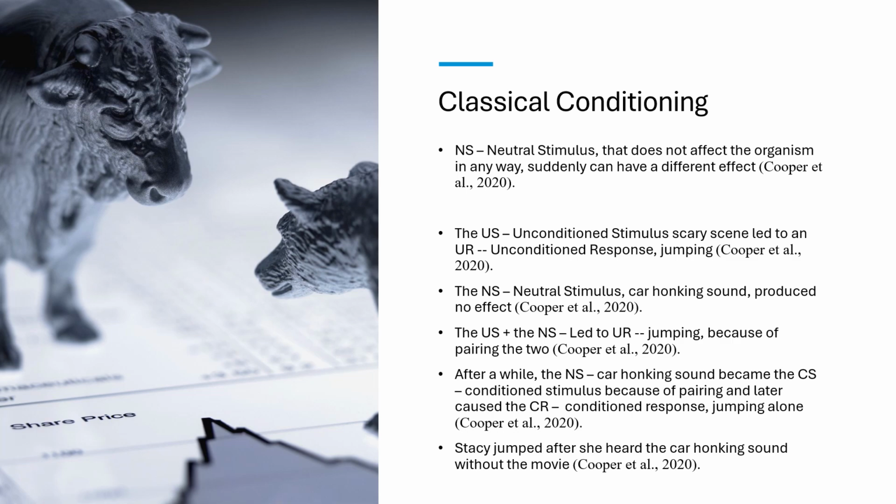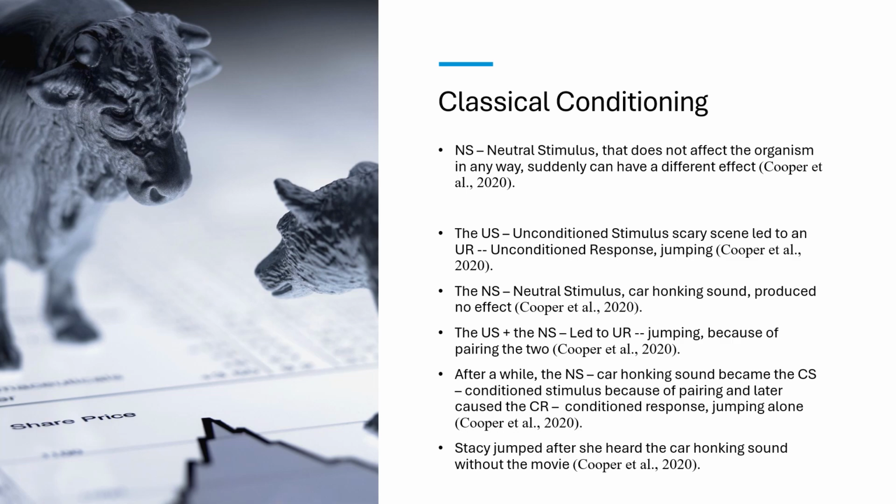Classical conditioning. A neutral stimulus that does not affect the organism in any way suddenly can have a different effect. The unconditioned stimulus, scary scene, led to an unconditioned response, jumping. The neutral stimulus, car honking sound, produced no effect previously. The unconditioned stimulus plus the neutral stimulus led to the unconditioned response, jumping, because of pairing the two.